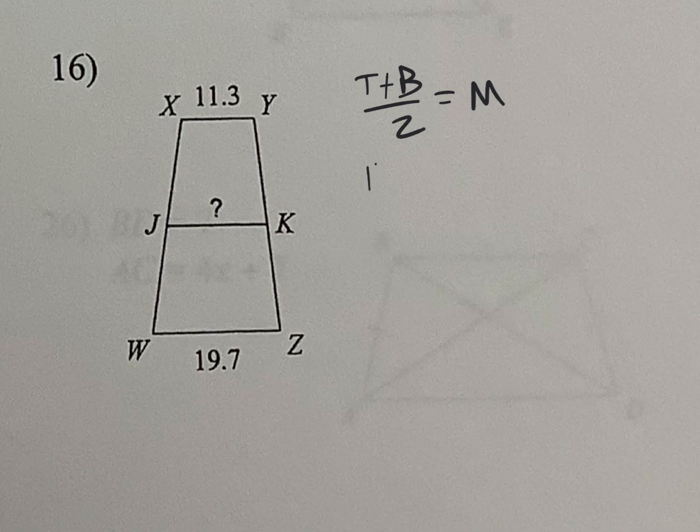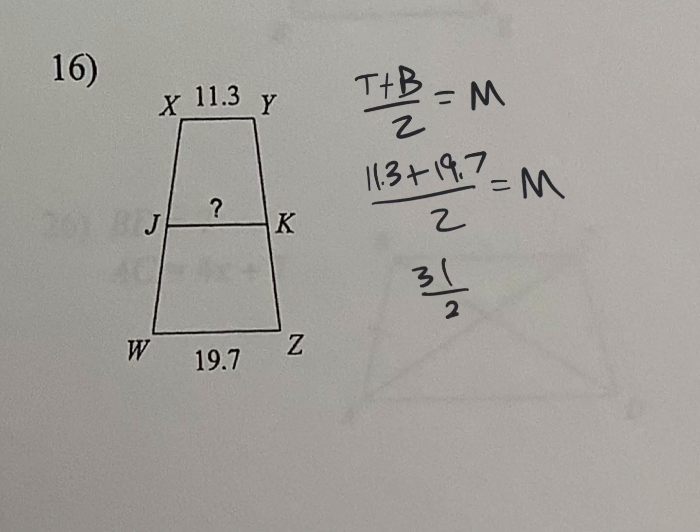So top is 11.3, bottom is 19.7. Divided by 2, and that's supposed to be our mid segment. So the top together is 31. So that's 15.2 equals your mid segment. Pause it and try to figure it out.